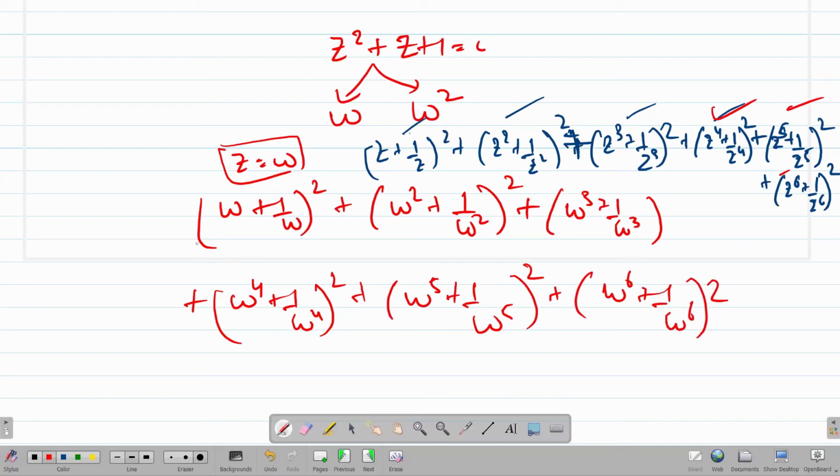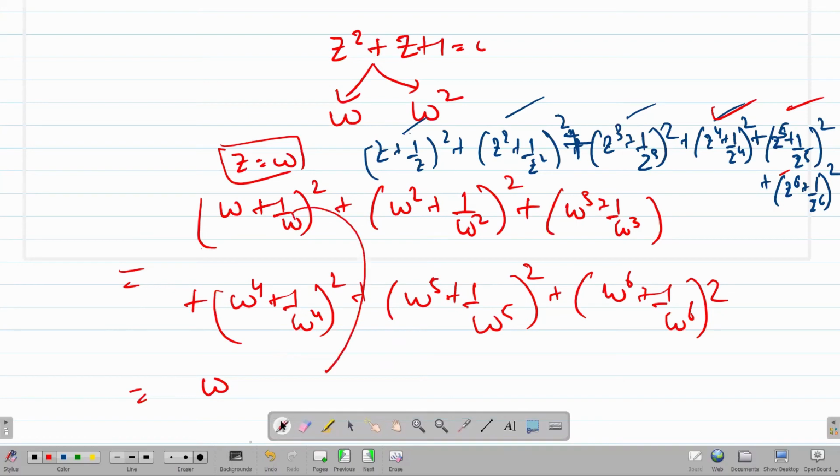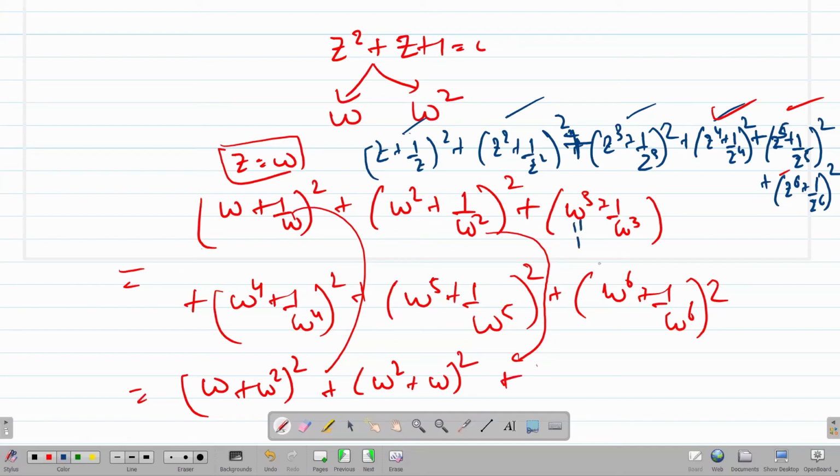So from these first 3 brackets, I just replace this 1 by omega by 1 by omega square. So this is omega plus omega square whole square. Again here using the property, I replace this 1 by omega square by omega. And as we know that omega cube is 1, so I just replace this by 1 and this by 1. Now this becomes 1 plus 1 whole square.